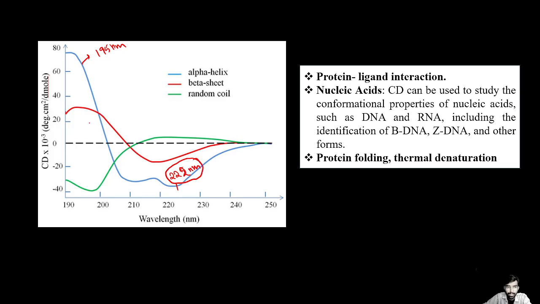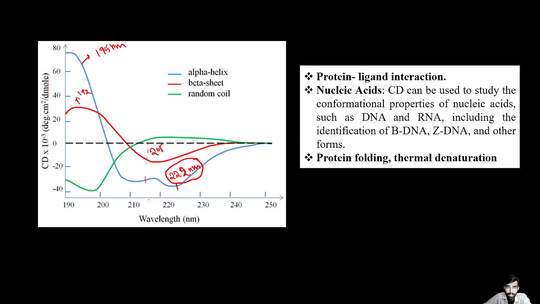For beta sheet it's showing a positive maximum around 192 and negative near around 205.